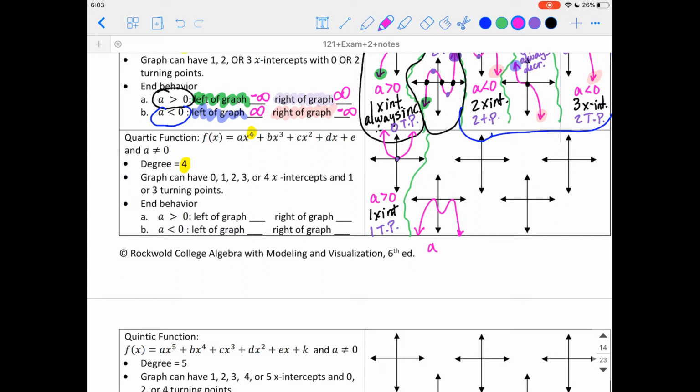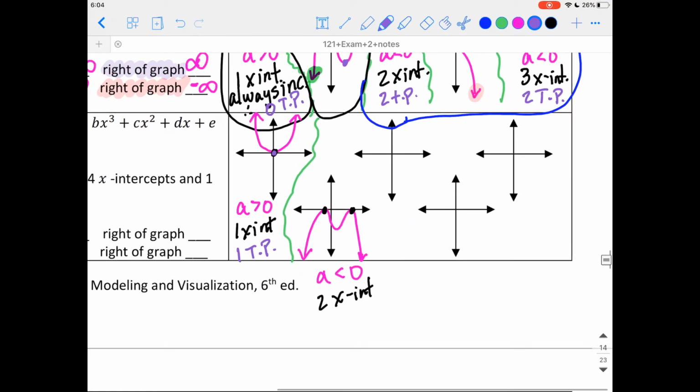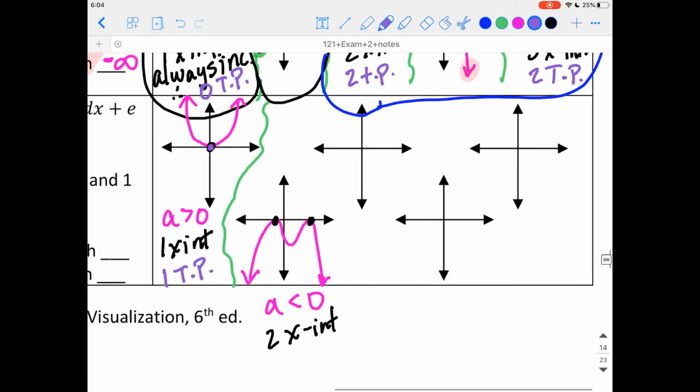So for this one, my a is less than 0. Again, it's a reflection. And I have 2 x-intercepts. And I'm going to zoom in here. I have 1, 2, 3 turning points.